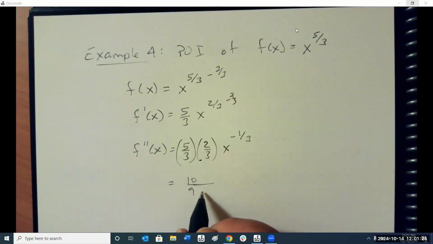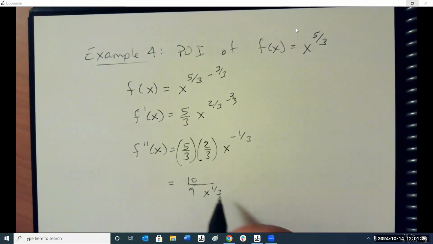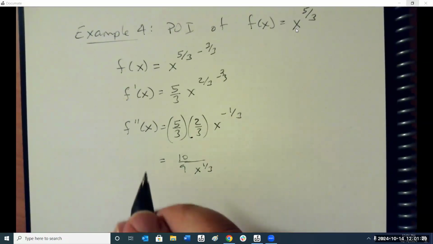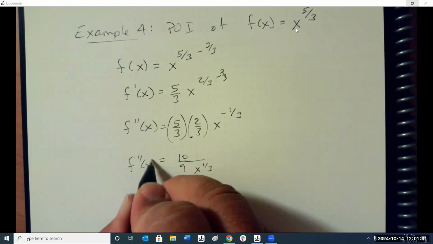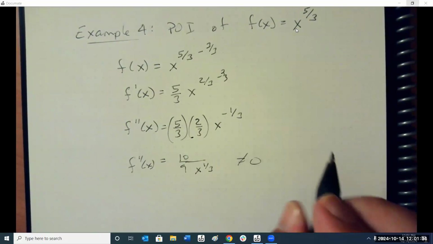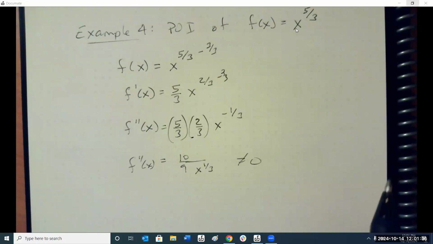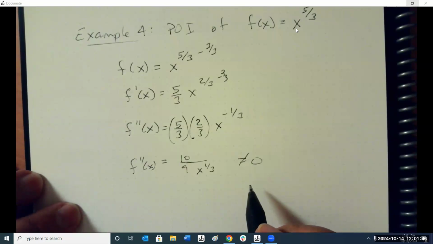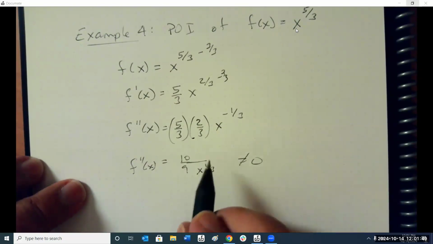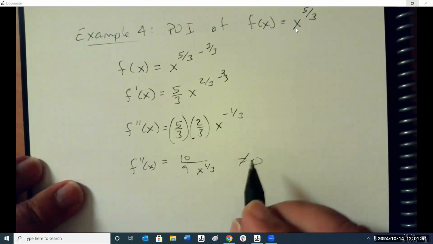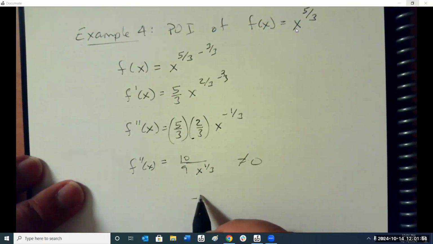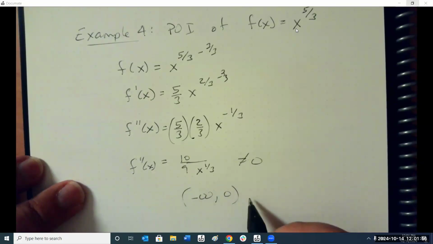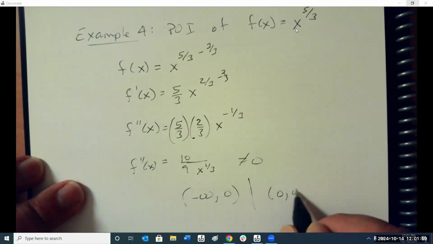10/9 x to the power 1/3. It cannot equal 0. It's an asymptote. So to the left of 0, we're going from negative infinity to 0, and then from 0 to positive infinity.